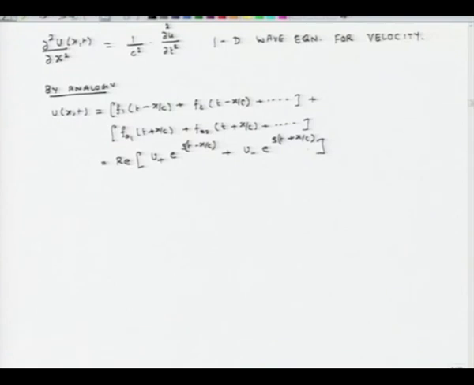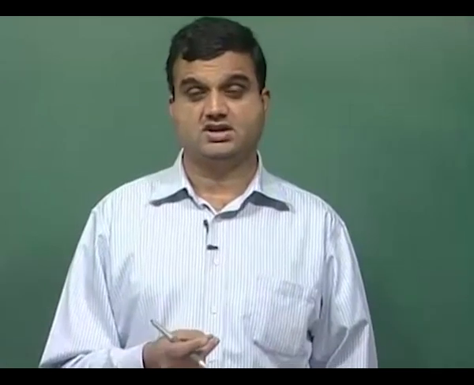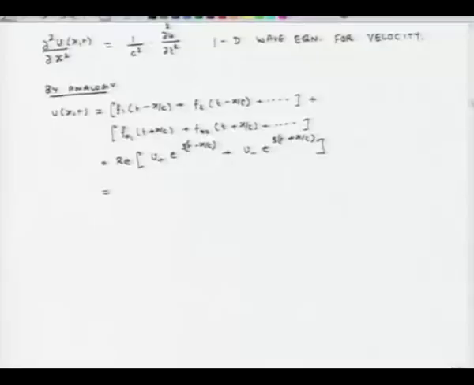So, again U plus and U minus could depend on frequency, as was the case where P plus and P minus could depend on frequency. So, U plus is actually a function of s, and so is U minus a function of s as well.